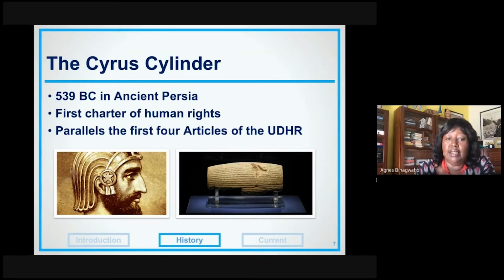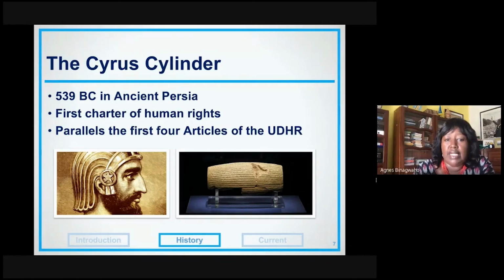You can see on this slide, we consider this cylinder as the world's first charter of human rights. And the first articles recorded are parallel to the first 4 articles of the current Universal Declaration of Human Rights.